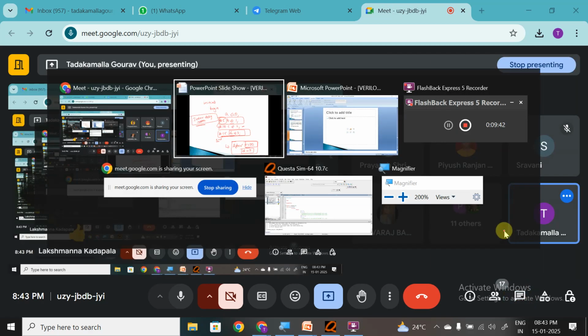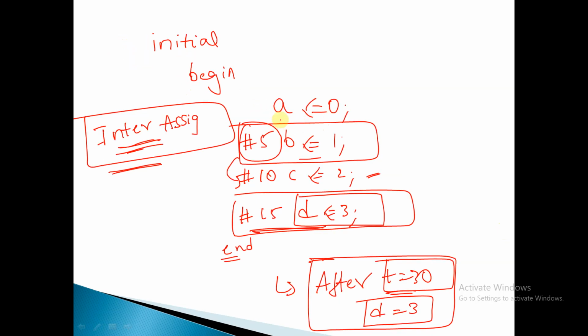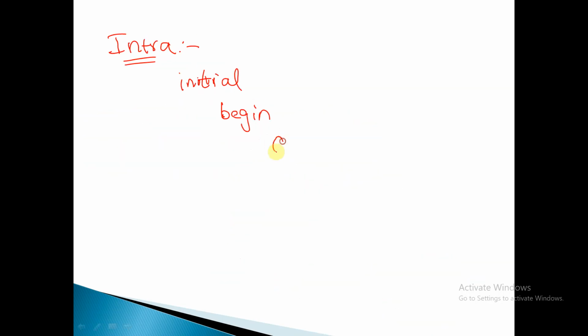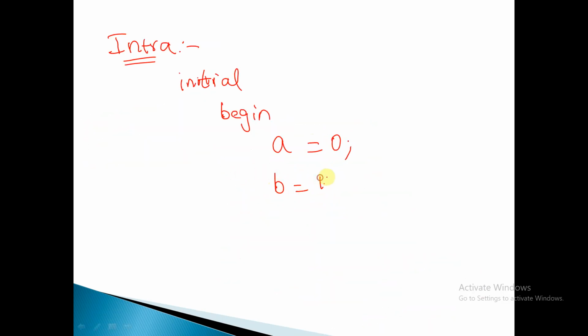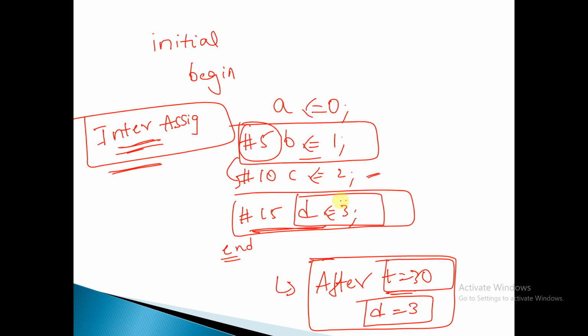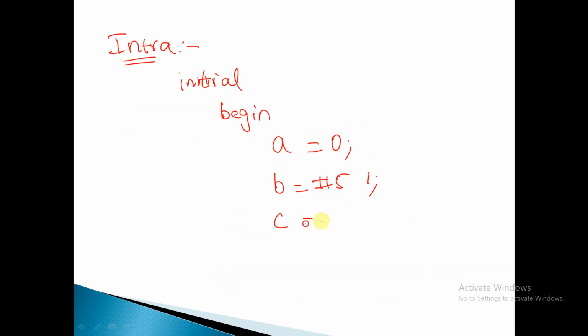Now let us see the intra-assignment delay example. Within an initial begin, same example we will take. A is equal to 0, B is equal to hash 5 1, C is equal to hash 10 2, and D is equal to hash 15 3.